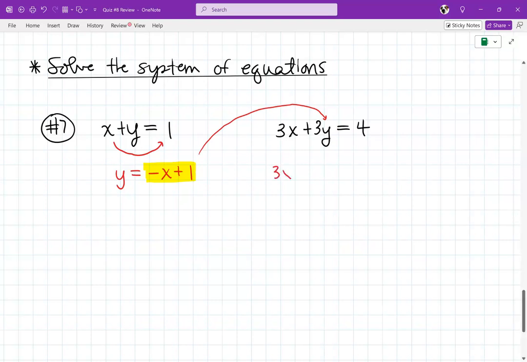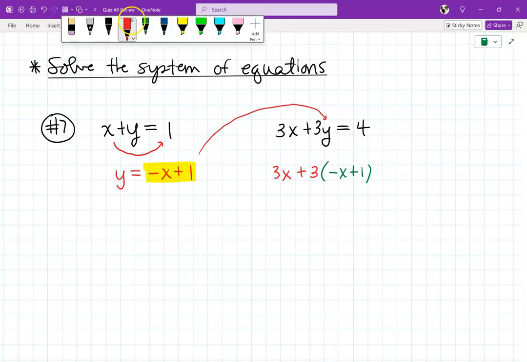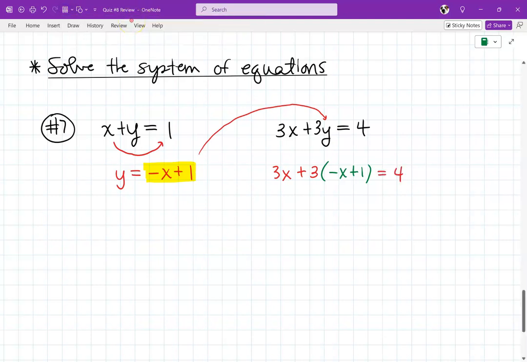So I get 3x plus 3 times y, which would be -x plus 1. As usual, I'm just changing the ink so it can be obvious what I'm doing. And then I'm going to distribute everything. So I got 3x minus 3x plus 3 equals 4.